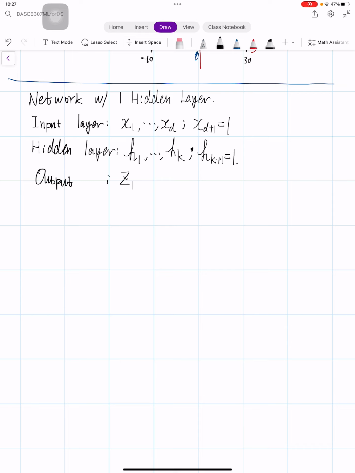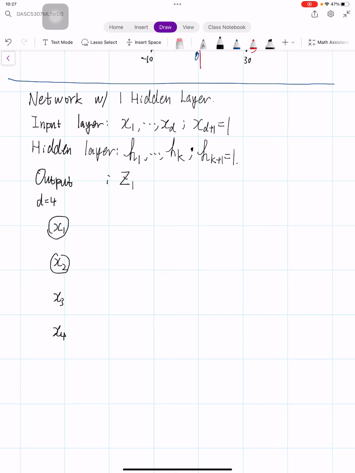Maybe let's use a graph to represent deep learning with a network with one hidden layer. Suppose these are the D features: x1, x2, x3, x4. So in this case, D equals 4.